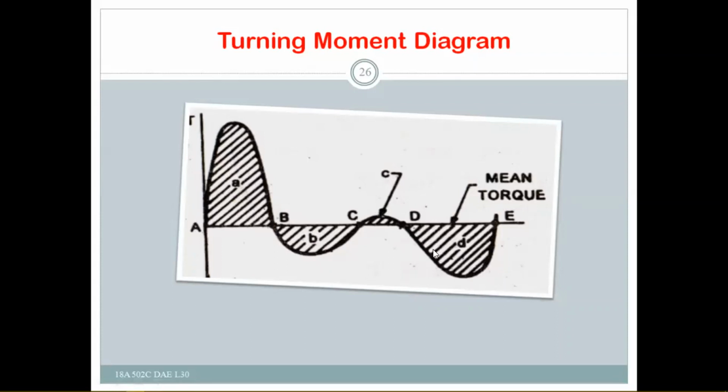So the difference between the energy at the maximum point and the energy at the minimum point will give you the maximum fluctuation of energy from this turning moment diagram, right?